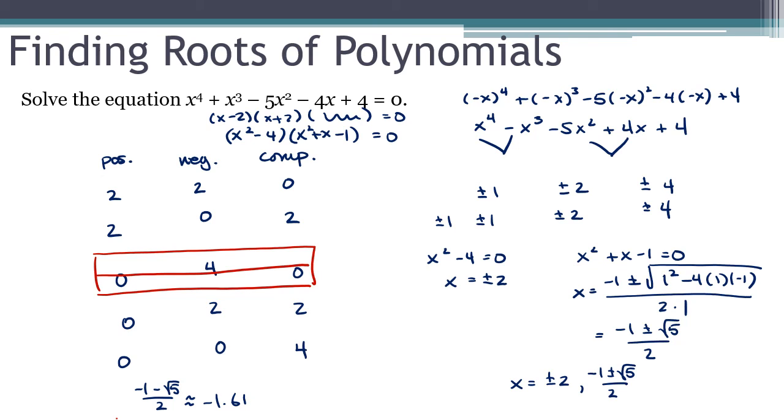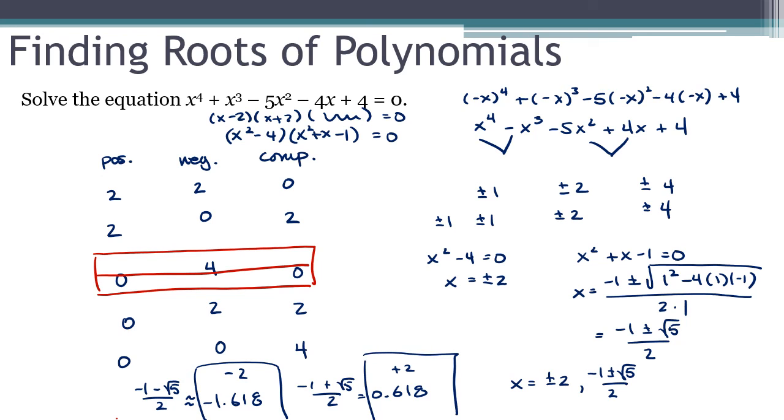And negative 1 plus the square root of 5 over 2 is positive 0.618. So, yes, Descartes' rule of signs worked perfectly. I got two negative solutions, negative 2 and negative 1.618, and two positive solutions, positive 2 and positive 0.618.